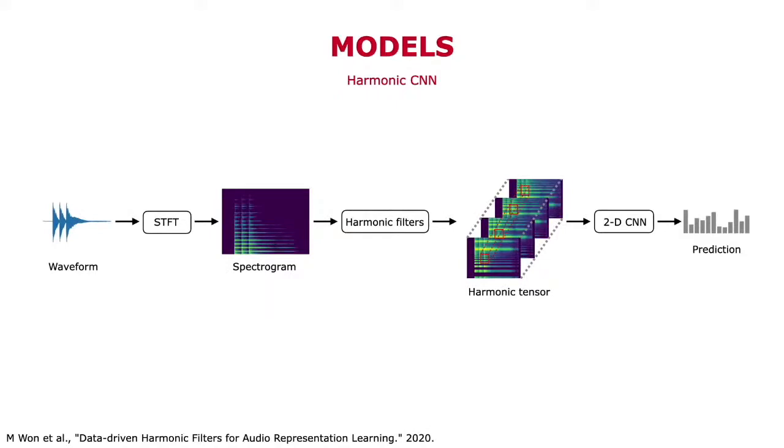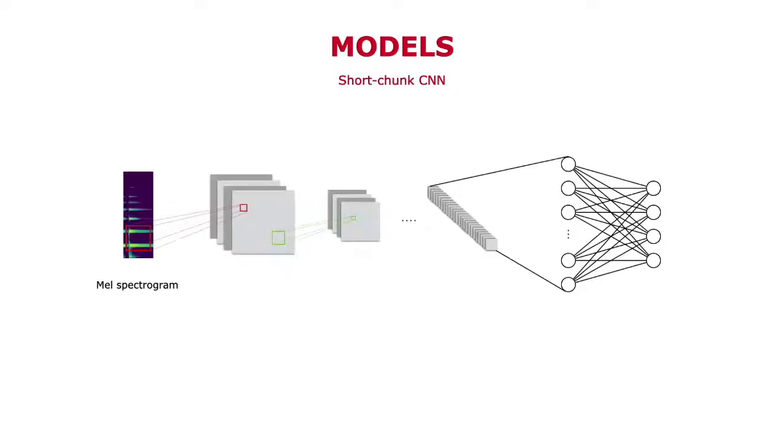Harmonic CNN takes advantage of trainable bandpass filters and harmonically stacked time-frequency representation inputs. This harmonic tensor preserves spectrotemporal locality while keeping the harmonic structures through the channel. Short-chunk CNN is a prevalent two-dimensional convolutional neural network with 3x3 filters. Sometimes it is also referred to as the Choi model.